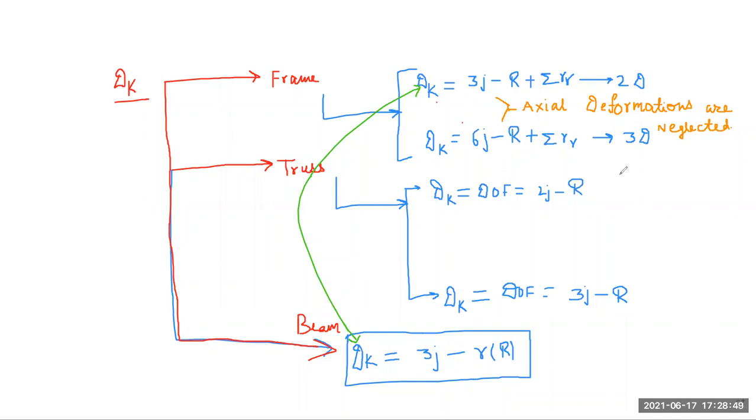Release reactions are generally not given in truss, so I do not add them here. So your problem will be solved only with this formula. Also 3j minus r for 3D cases, plus release reactions if you want to add them. So these are the formulas for calculation of DK for different structures: frame, truss, and beam.